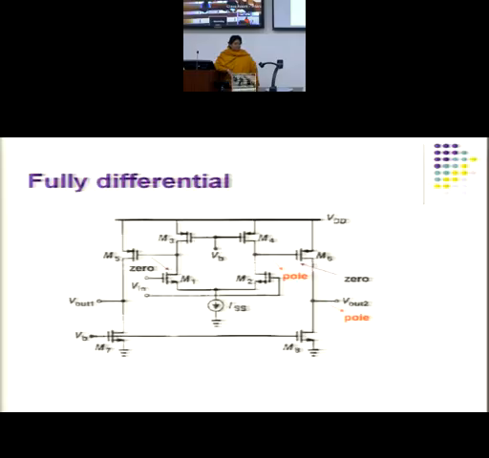Find the time constant. Okay? So this will introduce a pole or a zero accordingly. In common mode operation, this will give you a zero also, because it would be similar to a common source amplifier with source degeneration. So you will get a zero also. Remember that.